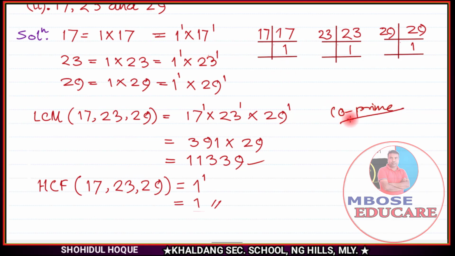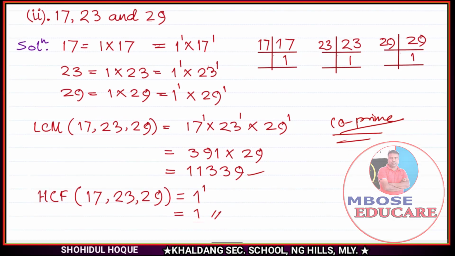Co-primes are the numbers which have only the common factor 1. The HCF will be only 1 because they don't have any common factor other than 1. And co-primes have the HCF 1 only. Remember it. So here we have solved part number 2 of question number 3.